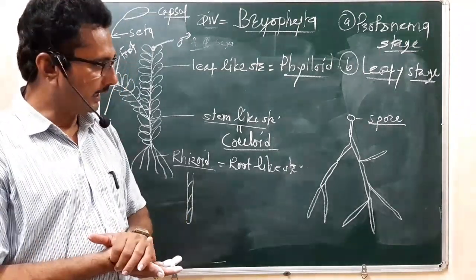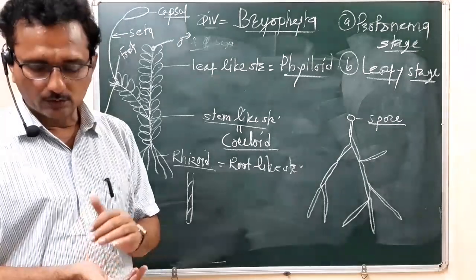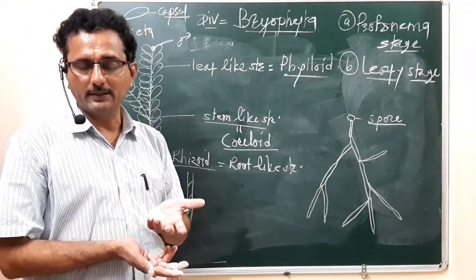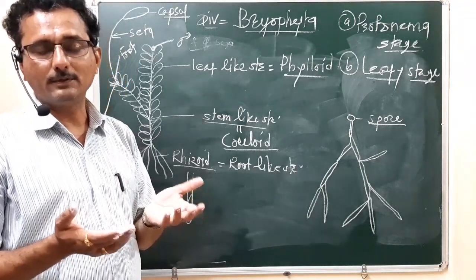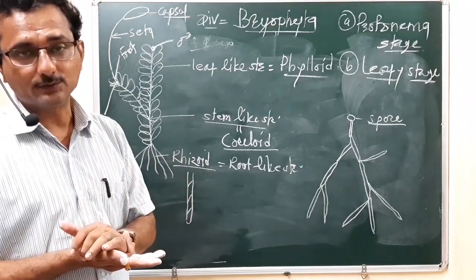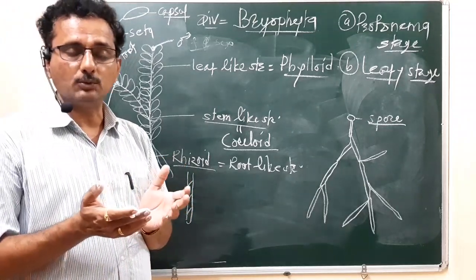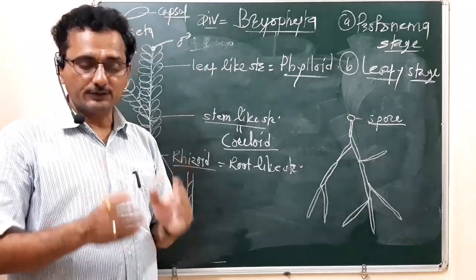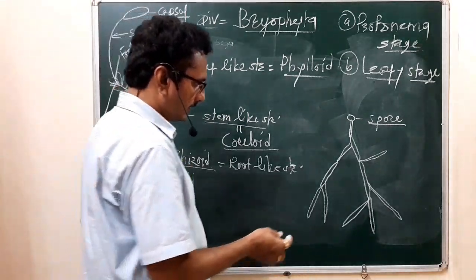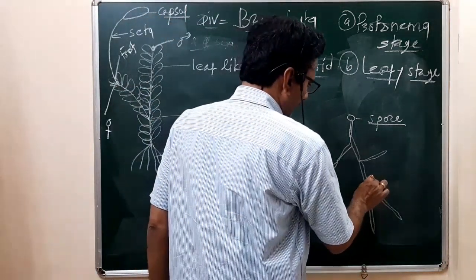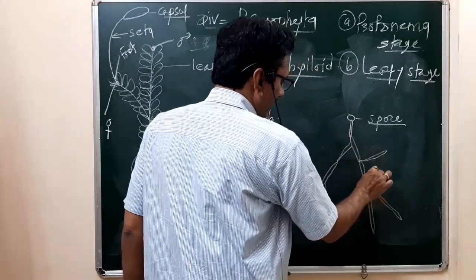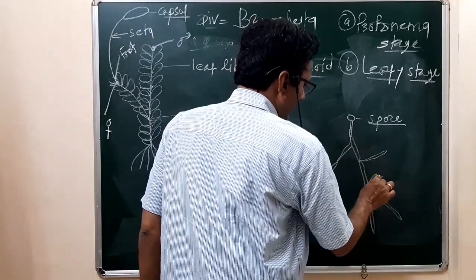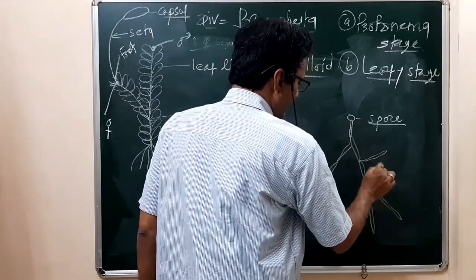Another way is through budding. Through budding, they form new young ones, in the sense, new leafy stages. The buds developed at the axil sprout, and in this way leafy stages are developed.